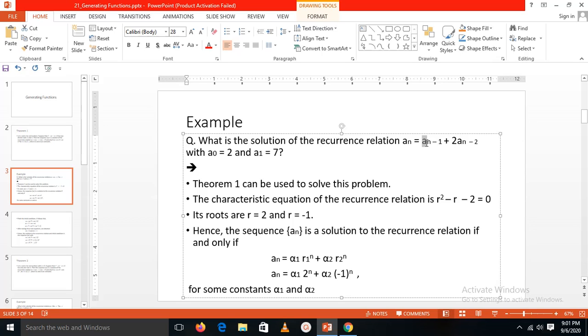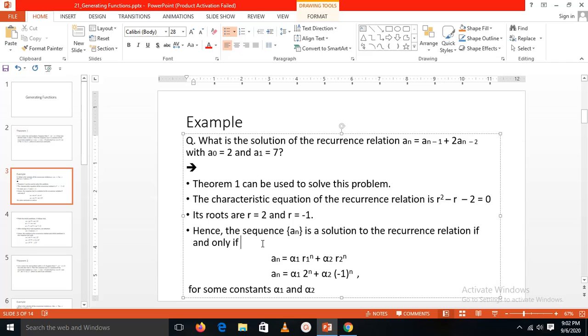So a_(n-1) stands for r, and its sign becomes minus, and this term, when taken to the left side, also changes sign to minus 2. After solving this equation r squared minus r minus 2, we got the two roots r1 and r2: r1 is 2 and r2 is minus 1. So how can we get this equation? By using the first theorem.